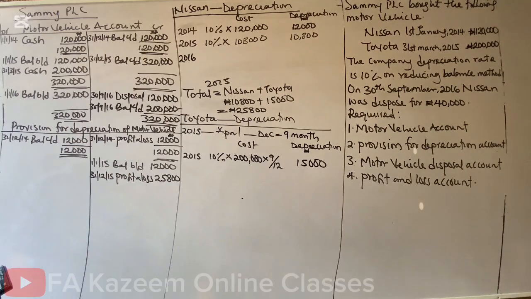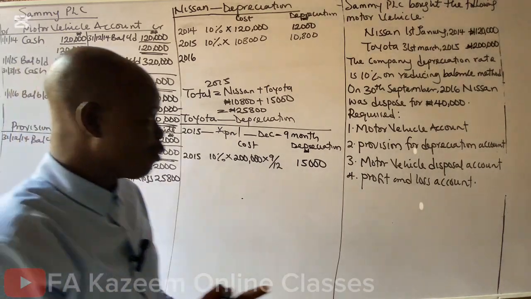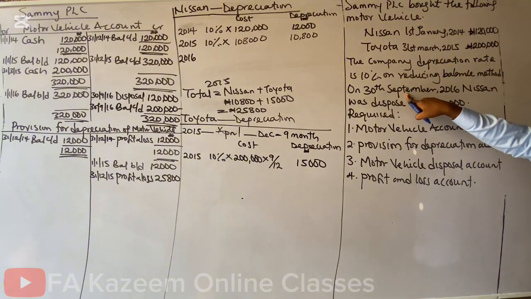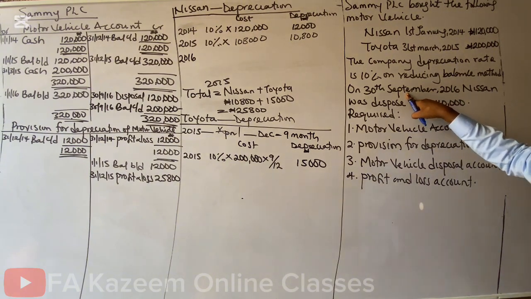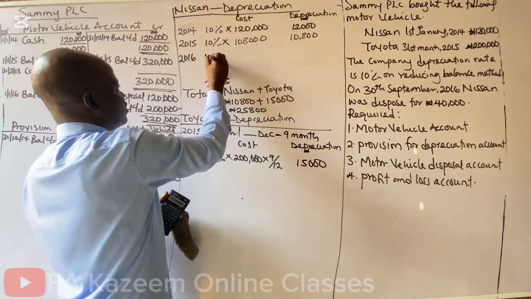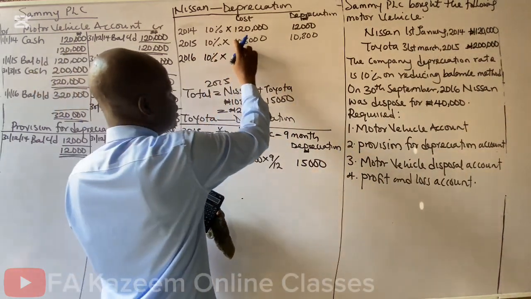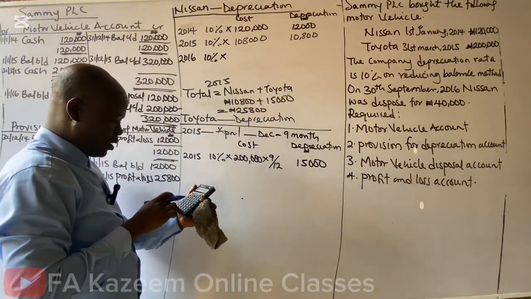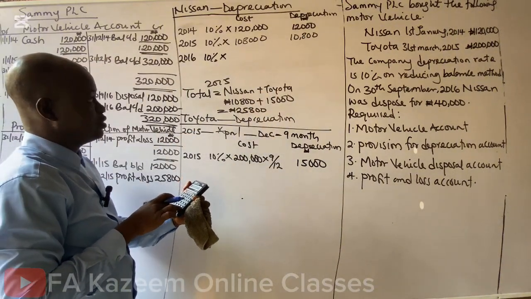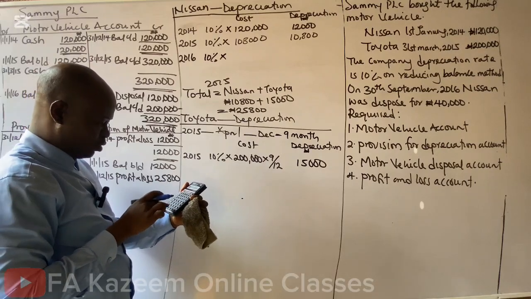In 2016, they still have Nissan, but Nissan was disposed of by September. Meaning it was only used from January to September. In that case, we'll say 10% of this minus this, 108,000 minus 10,800.